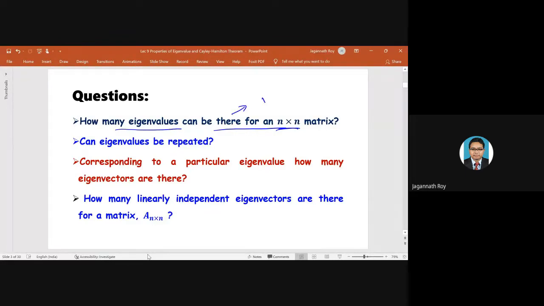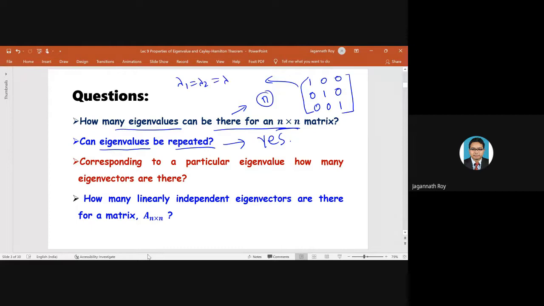The answer is n. Can the eigenvalues be repeated? The answer is yes. Because if you look at the identity matrix 1, 0, 0, 0, 1, 0, 0, 0, 1, lambda 1, lambda 2, and lambda 3 are all 1. They are repeated, but it will have 3 eigenvalues.